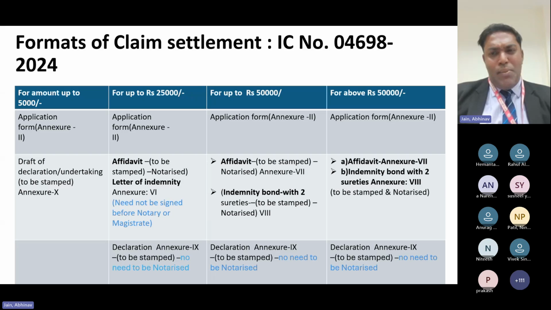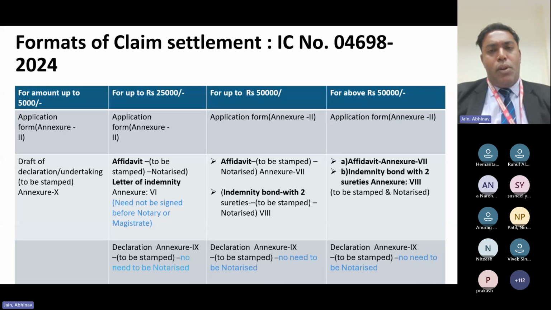Again, one question can come from this: what are the documents required? For an amount up to 5,000, you need only the application form, Annexure 2, and a draft of the declaration. Up to 25,000, you need the application form, affidavit, letter of indemnity, and declaration.